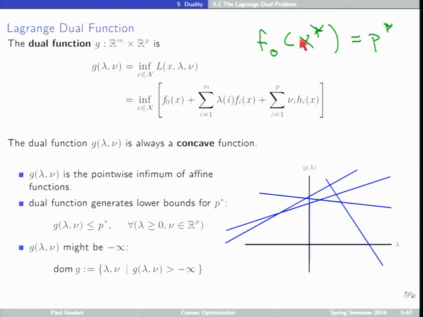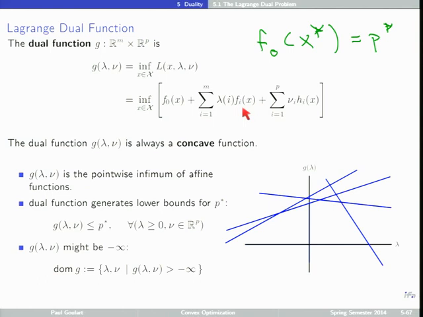So I plug in x star into this function. Because x star is the optimal solution to the primal problem, all of the h's will be 0, because these are the equality constraints. This term will be p star. And all of these fi's will be negative, because by definition, the optimal solution to the primal problem satisfies all of the inequality constraints.